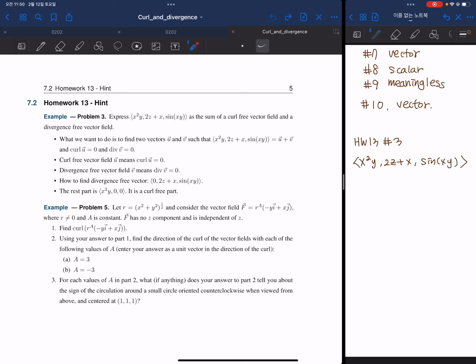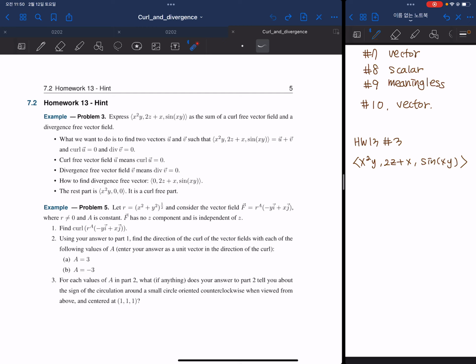We want to express it as the sum of a curl-free vector field and a divergence-free vector field. I just want to mention that curl-free vector field means if you take the curl, then you get just the zero vector, and the divergence-free vector field is also the same, divergence v is just zero, okay?